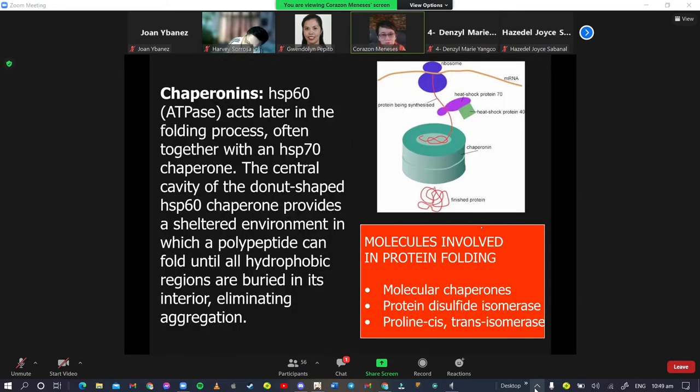Okay, what will happen is it will allow the protein to continue to fold. The hydrophobic region will be buried in the interior, thereby eliminating aggregation. Okay? Because if the chaperones are not present, the tendency is they will come together and it will not allow the proper conformational changes that should happen to that protein.